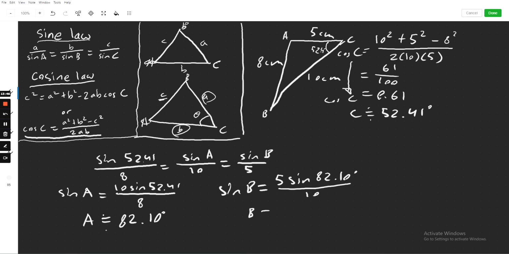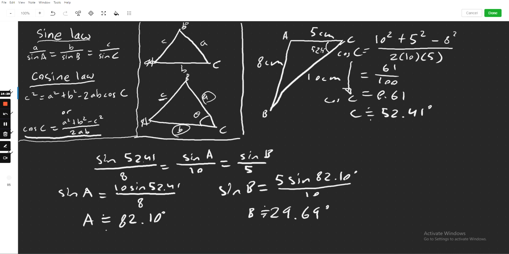Therefore, B equals inverse sine, 5 times sine 82.10 divided by 10, which is equal to about 29.69 degrees. So the unknown angle measures are 82.10 degrees, 29.69 degrees, and 52.41 degrees. So that is an example of applications of cosine law.